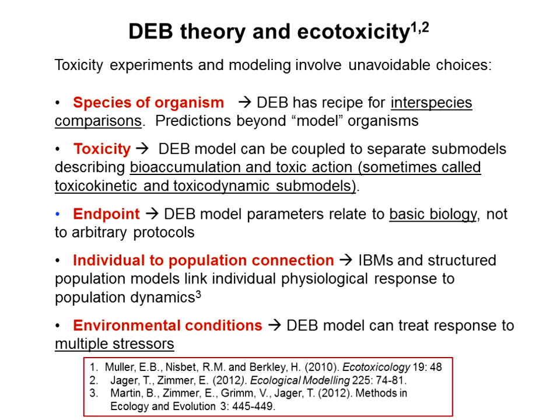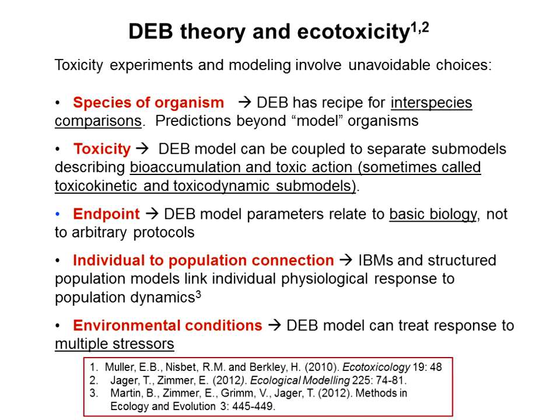For a start, you have to choose what organisms you're going to work with, and there is a suite of so-called model organisms that are used in many, many studies. DEB theory has recipes that we've touched on in the last few weeks for interspecies comparisons. That is, we can make predictions for one species from information on another. This suggests that we can move past model organisms.